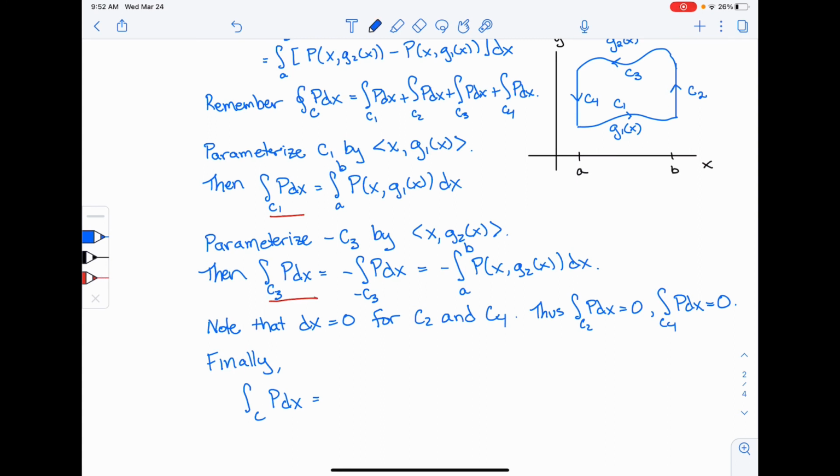That's going to be the integral from a to b, because both of those turned out to be integrals from a to b, of p of x, g1 of x, so I'm going to combine these into one integral, and then minus p of x, g2 of x, dx.